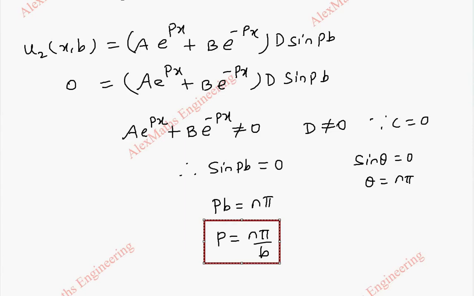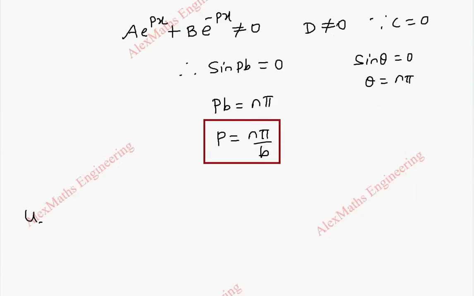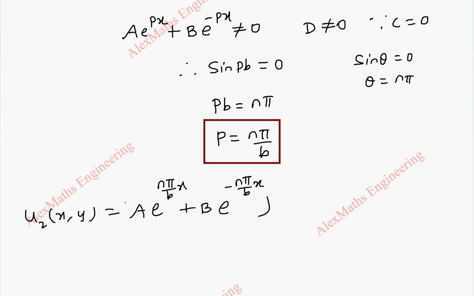Now we are going to use the value of p in our solution, which is u2 of x comma y is (a e^(n pi by b x) plus b e^(-n pi by b x)) into d sin py, which is sin(n pi by b y).